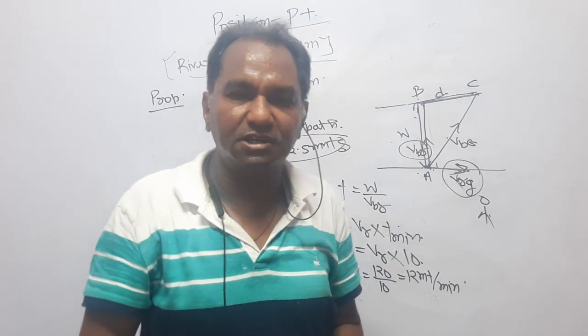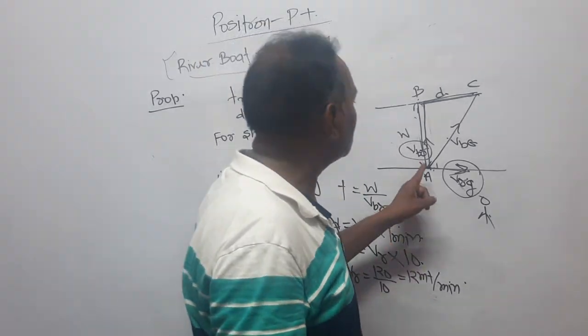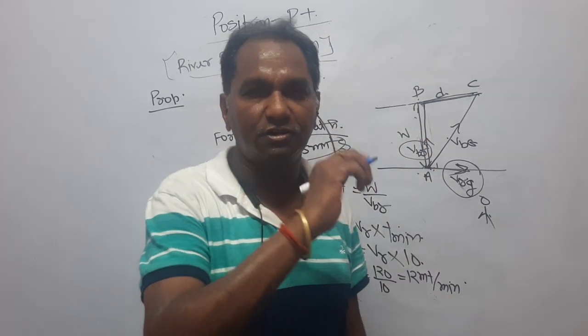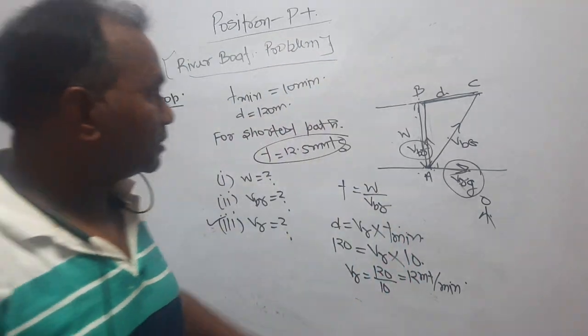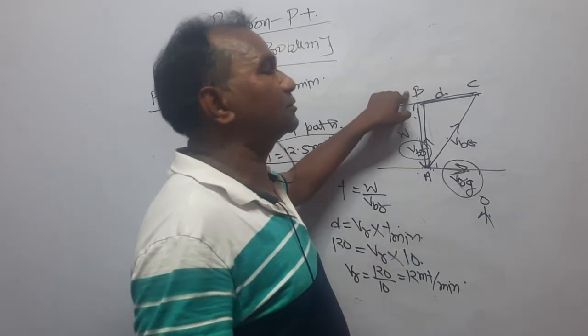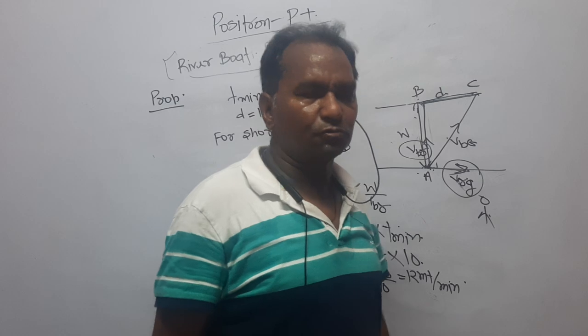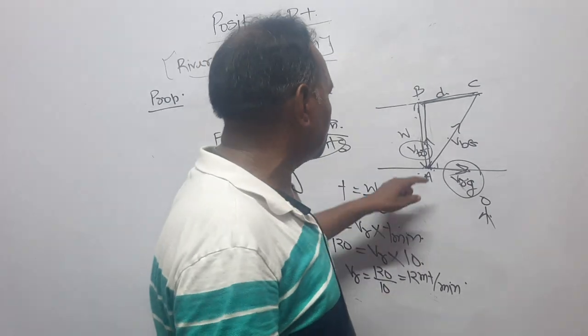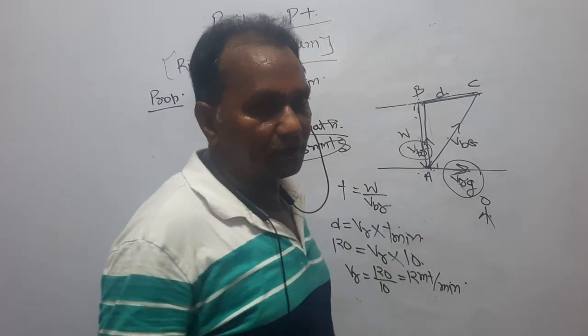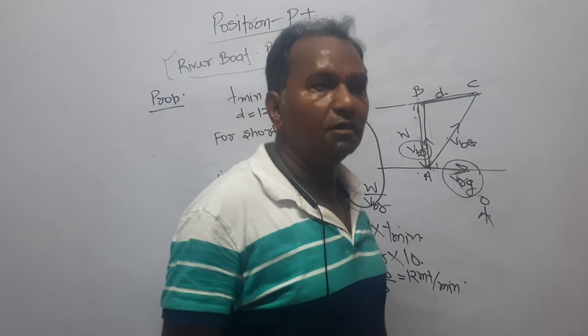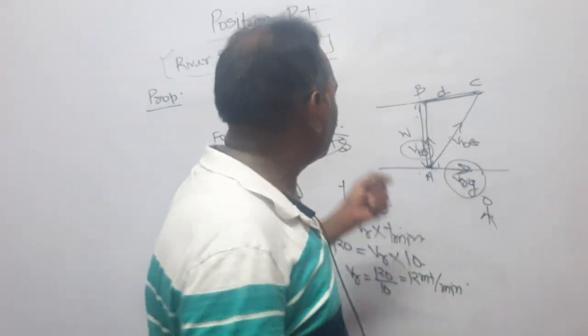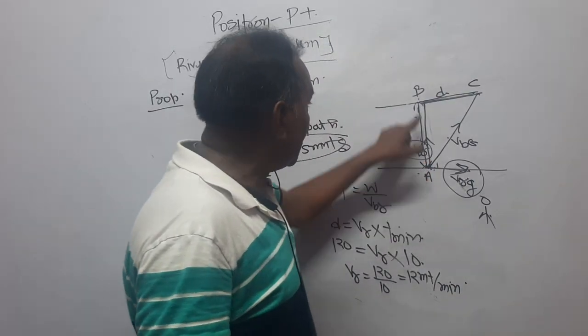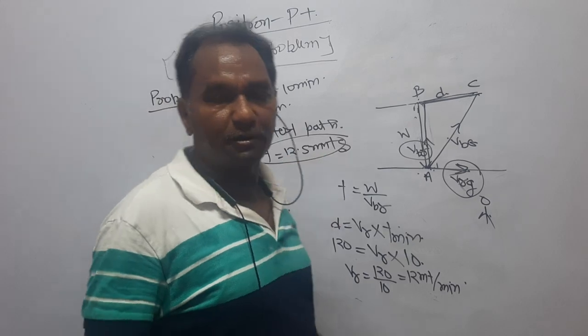The basic condition is that you have to cross this river in the shortest path, right? So you have to reach from A to just the opposite point of the river bank, opposite point of A, means you have to reach B, whatever time is taken. But when you reach from A to B, time taken is 12.5 minutes.